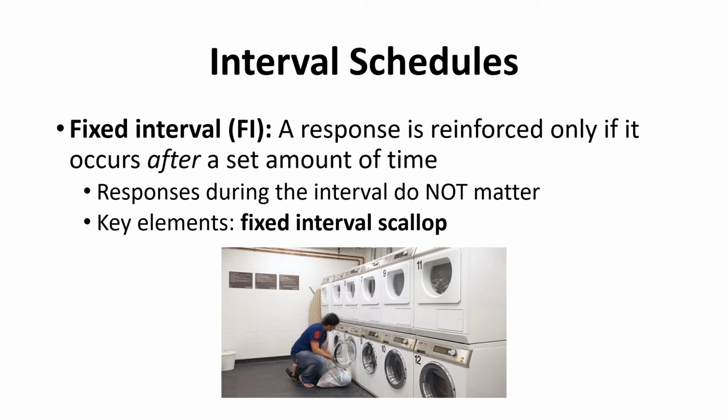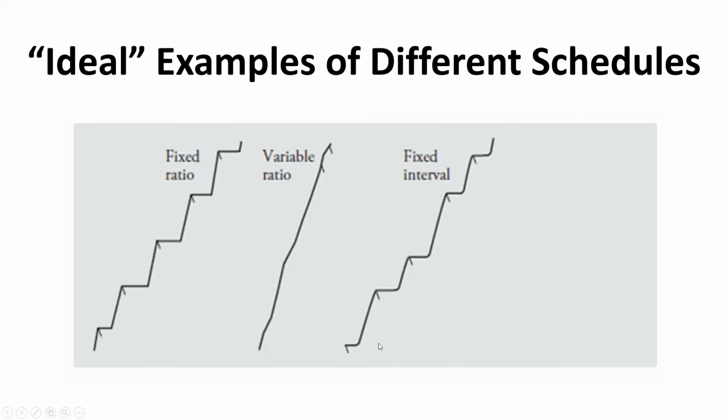So that increase in behavior towards the end of a time interval shows up as a fixed interval scallop, which if we hop to our next slide here, we can see as this increase in behavior towards our next period of reinforcement. So again, the tick marks are when you get reinforced.